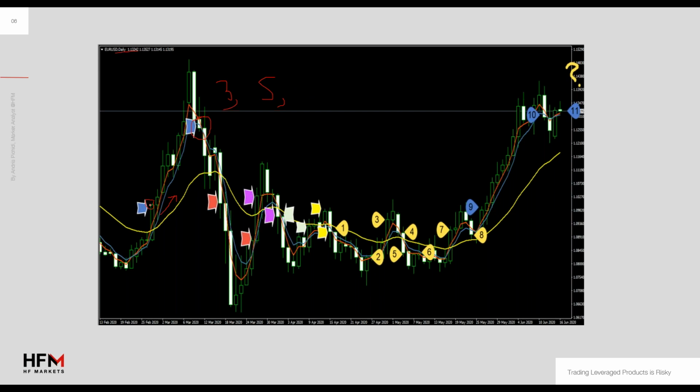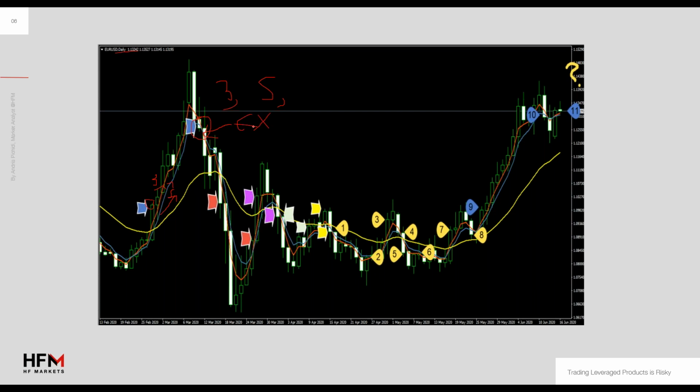So over here when we entered long, both of them were pointing higher, with the 3 being above the 5, but over here the 3 came below the 5, so that was a sign that the bullish market turned into a bearish market and it's time to exit. So that was the exit level.